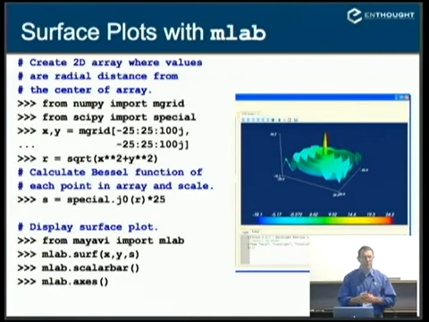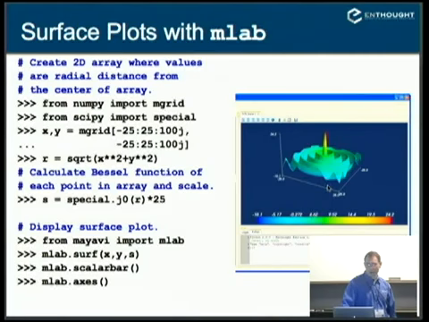And it has a nice interface. Prabhu Ramachandran wrote this. And then Gael Varoquaux has done a huge amount of work to get the command line version of these methods to work really nice. And so you can import from Mayavi, import mlab, mlab.surf, mlab.scalarbar, and this is using VTK to do all of this.